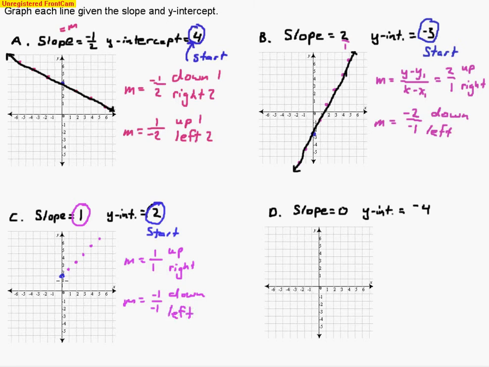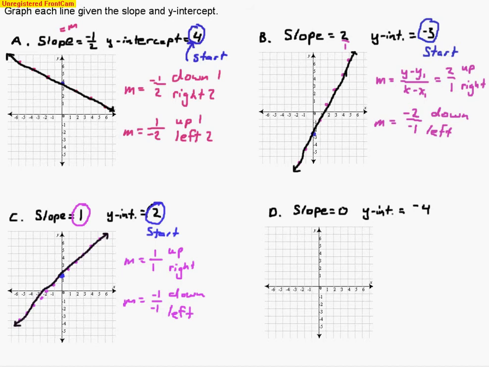So I go down 1, left 1, down 1, left 1. And you could do that a bunch of times to get points on that line. And then from there, we just connect those points with a line, with arrows at the end showing that it goes on forever.